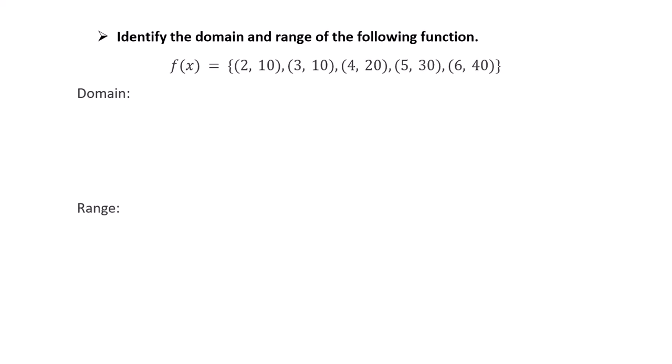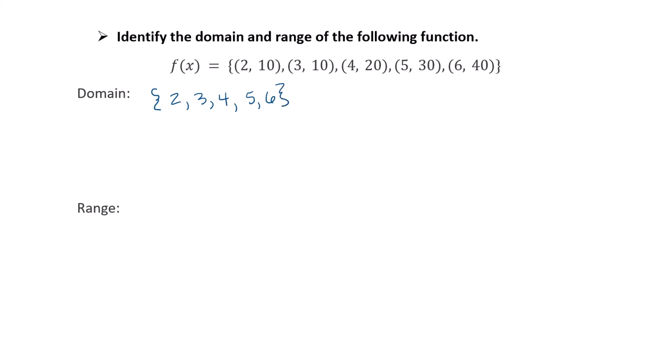We know that the domain is going to be the x value of each of those points. This is in roster notation, so we'll go ahead and write our answer in roster notation as well. 2, 3, 4, 5, and 6.